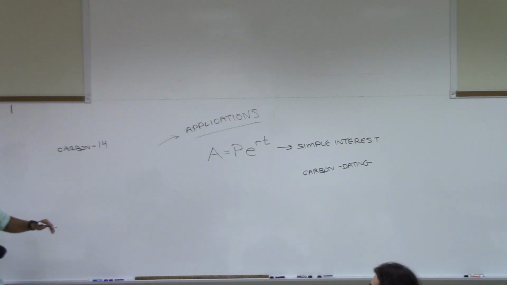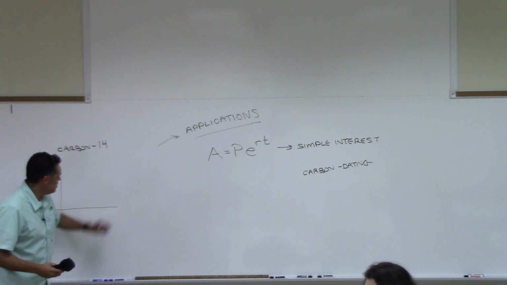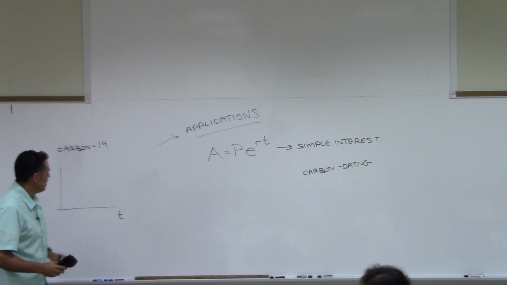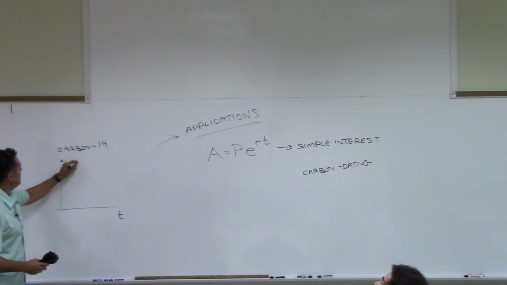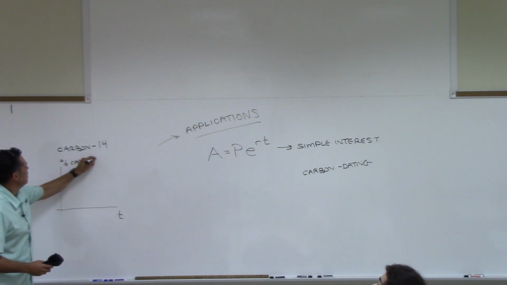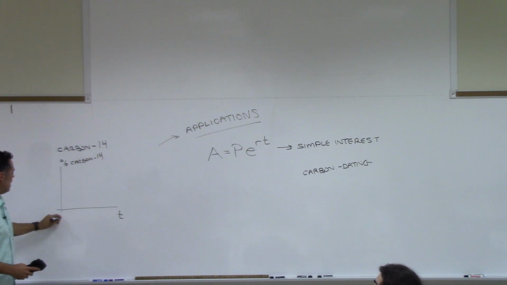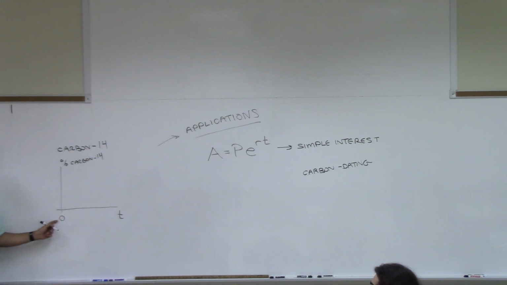exponentially. Exponential decay. So if this is a timeline, this is T, and this is the percent of carbon-14 in your body, or whatever living thing it is. At time equals 0, when you die or this thing dies, the clock starts.